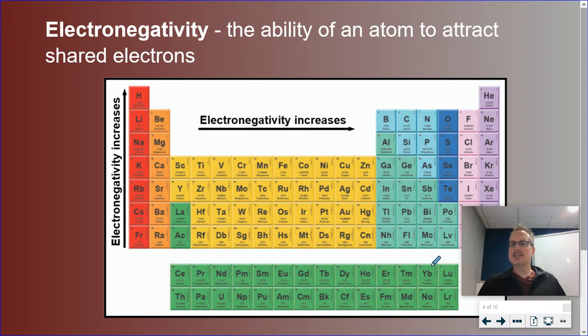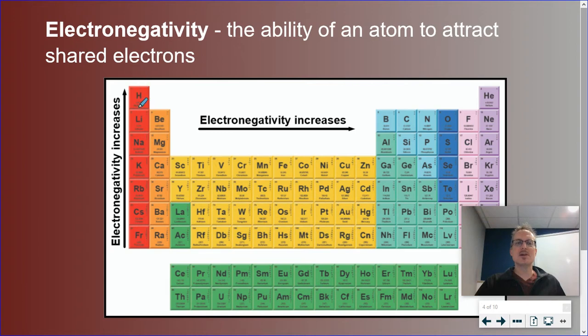Noble gases, remember, are the kings and queens of our periodic table. They're already perfect. They don't want to gain electrons. They don't want to lose electrons. They're going to have no attraction whatsoever for these electrons. If we look at the table, down here in the bottom left corner, francium has the smallest electronegativity value at 0.7, and it gets larger as we go up.